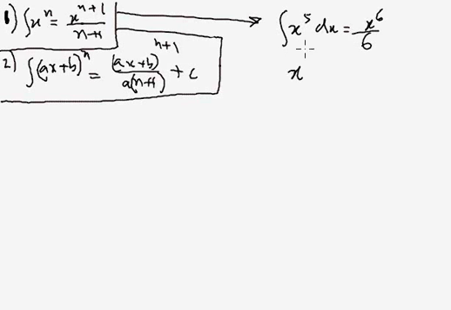If I say x power 3 by 2, you can say x power 3 by 2 plus 1 over 3 by 2 plus 1, which is 5 by 2. So the answer is 2 by 5 x power 5 by 2.